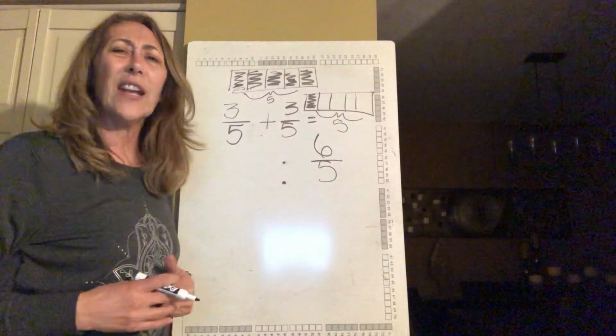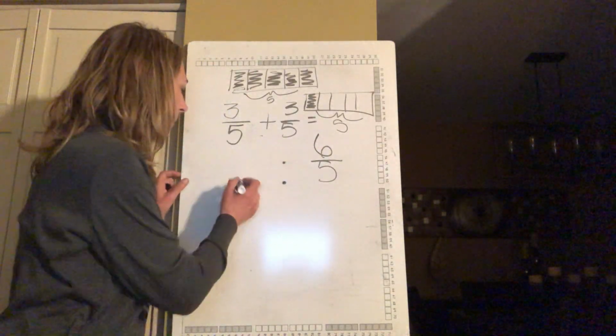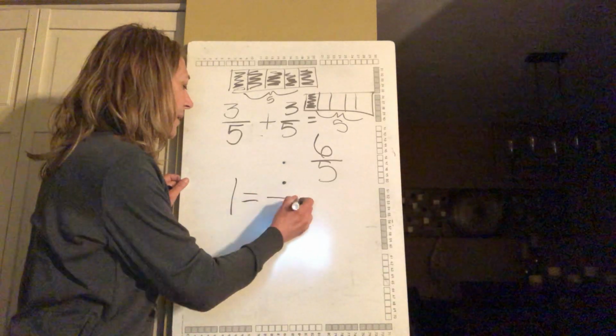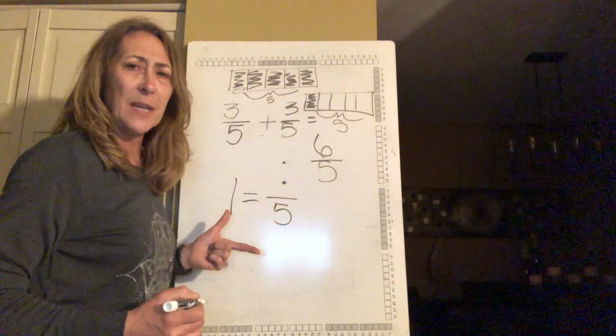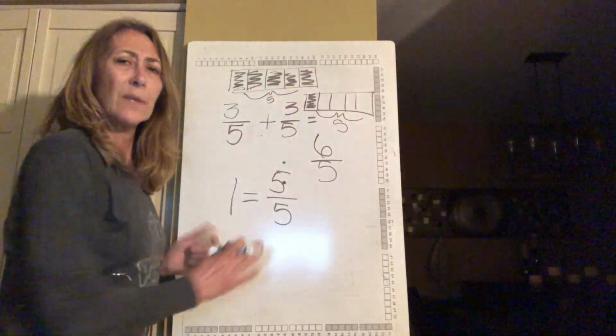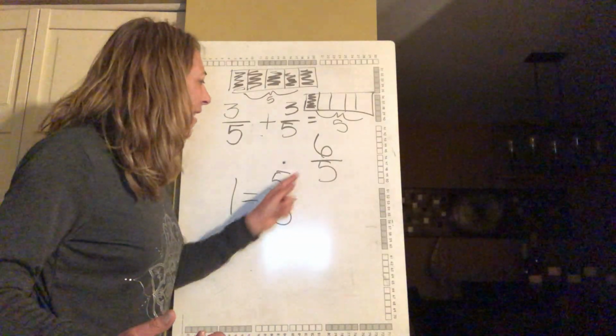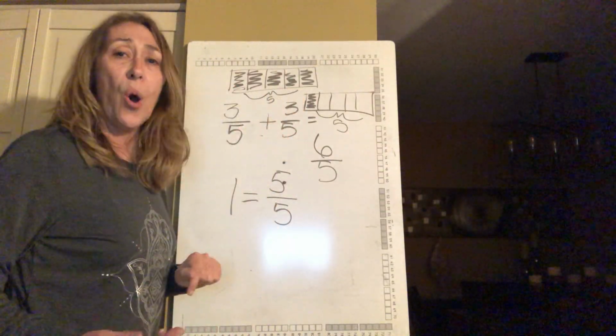That looks a little strange, because what did we learn? 1 whole equals, if I have 5 pieces, I need 5 of those. So 1 equals 5/5. But I have 6. So I actually have more than a whole.